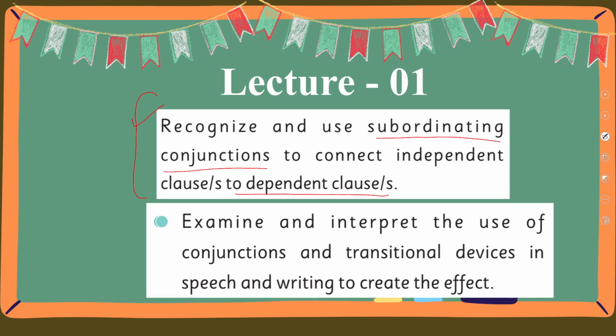It is divided into different types: coordinating, subordinating, and correlative conjunctions. Now, subordinating conjunctions are used to connect clauses, and I hope that you understand and can retain from your memory what a clause is, how it is divided, and we use these kinds of conjunctions to connect them together.